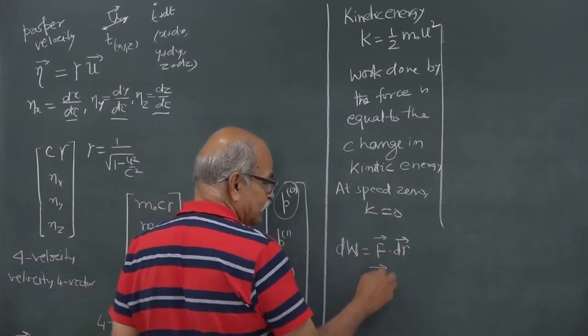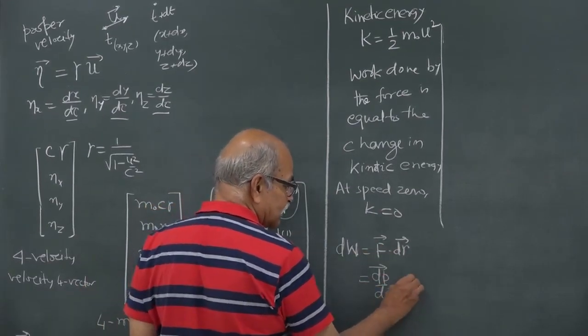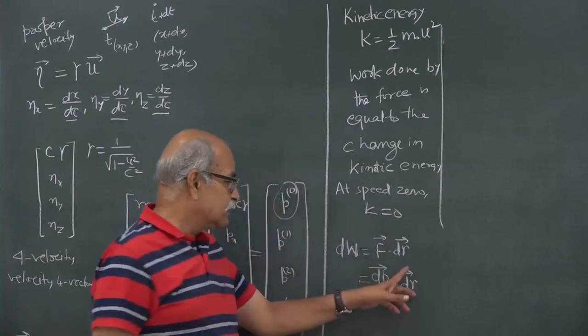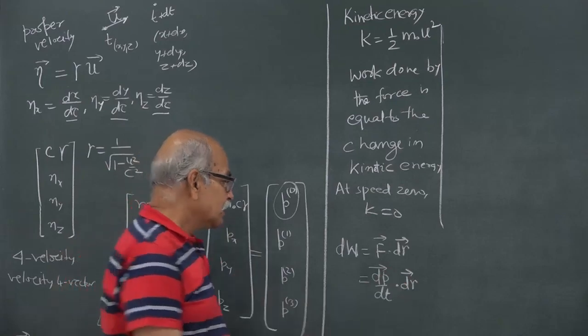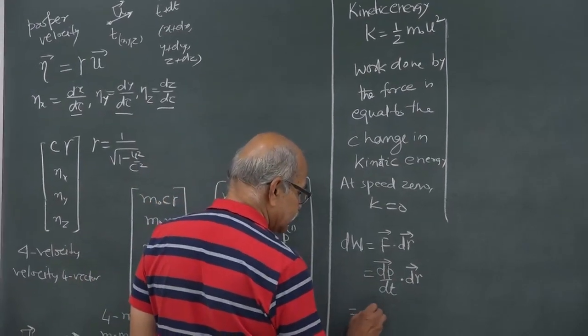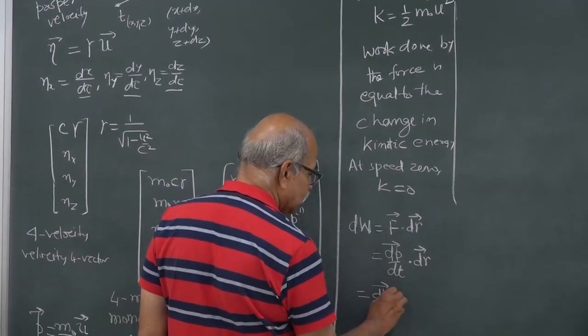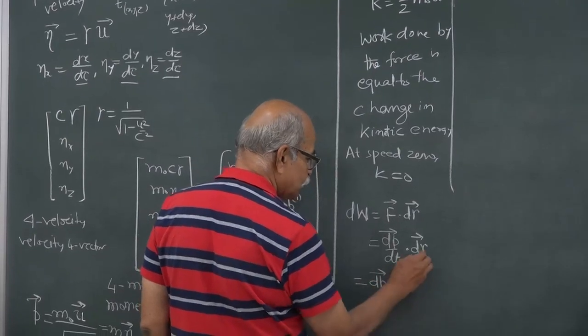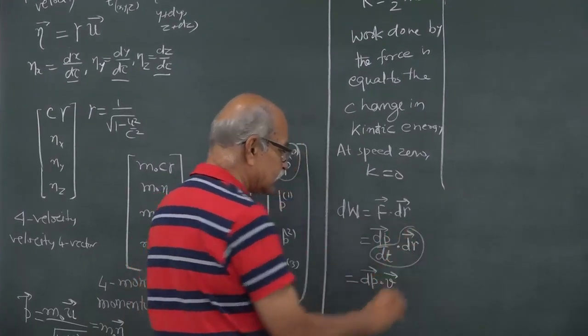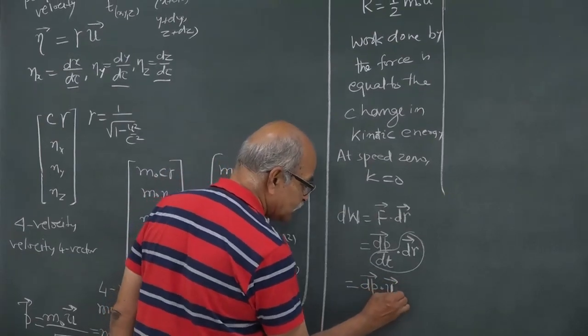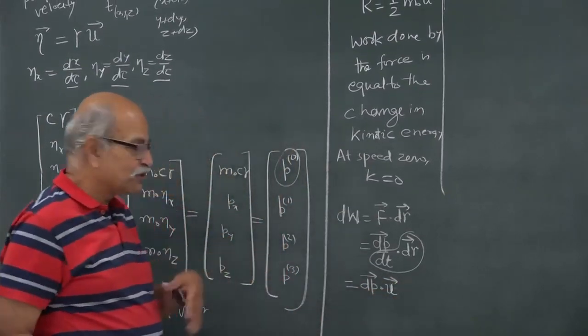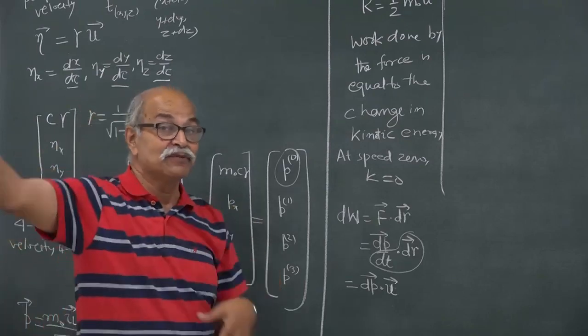For any speed it holds. This dr and this dt you can combine together and write this as dp dot v, right. This dr dt is the velocity, let me write it u, particle velocity. V I am reserving for the frame velocity when we change frames.